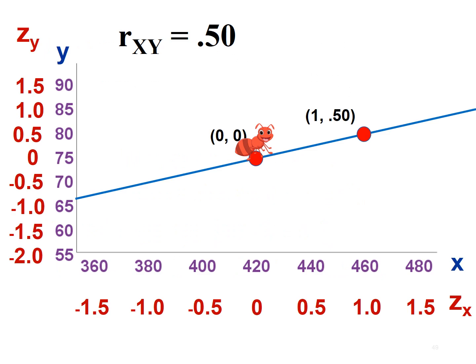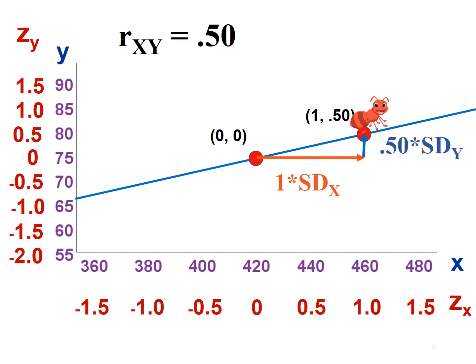So if the ant moves along the regression line, it's going to move one standard deviation of x across, and then R standard deviations of y, or in this case 0.50 standard deviations of y.